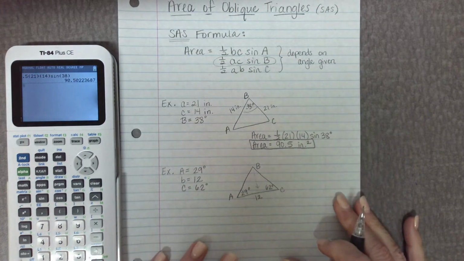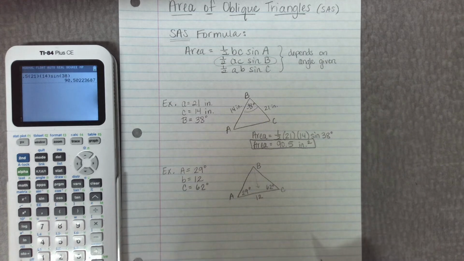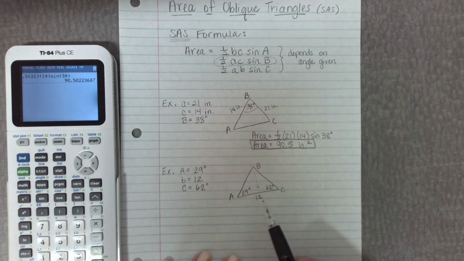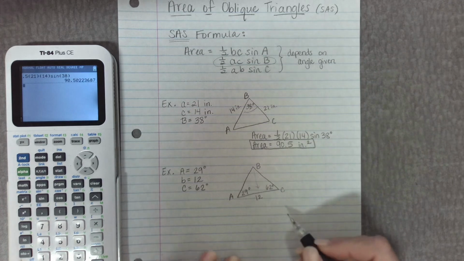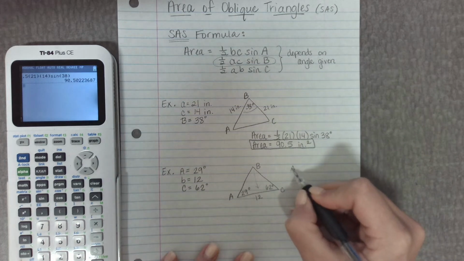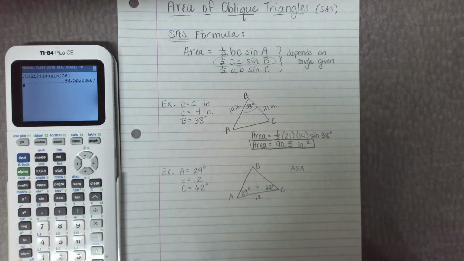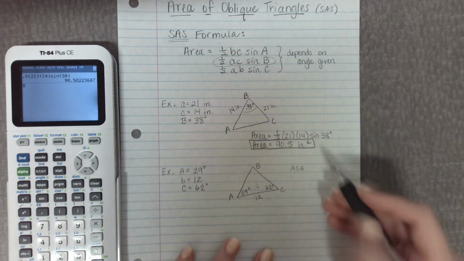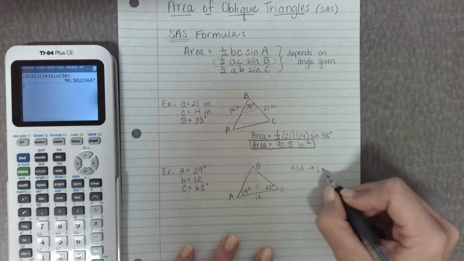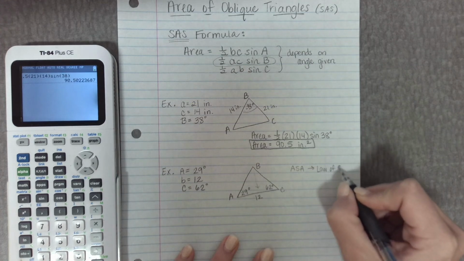If you look at this, you'll notice that we don't have a side angle side triangle. We actually have two angles with a side in between. So instead of side angle side, we have an angle side angle triangle. Remember, angle side angle goes with the law of sines.